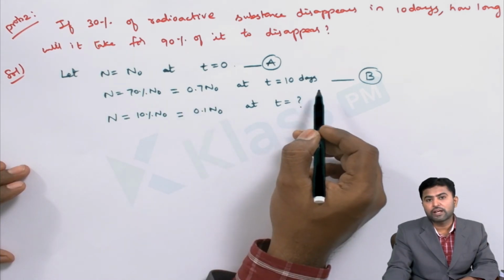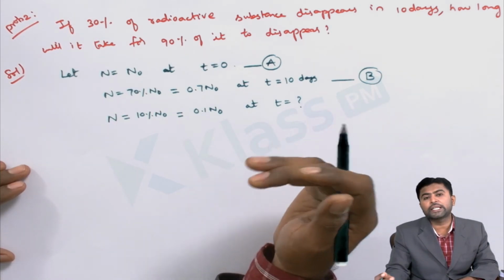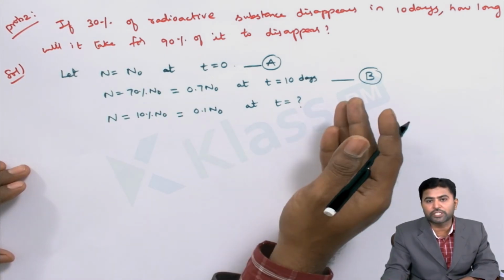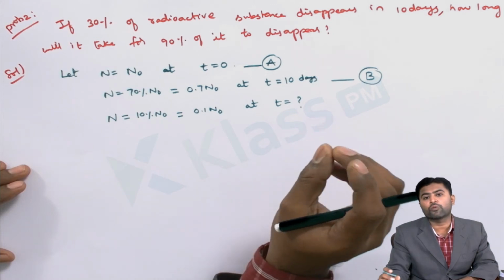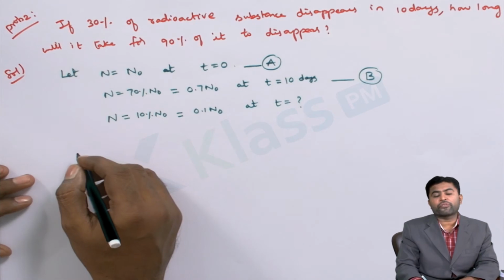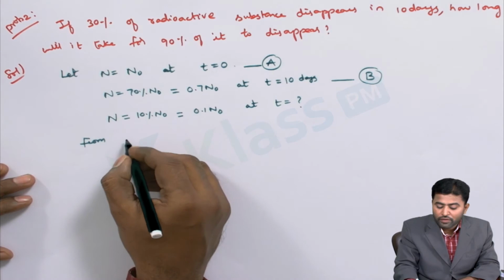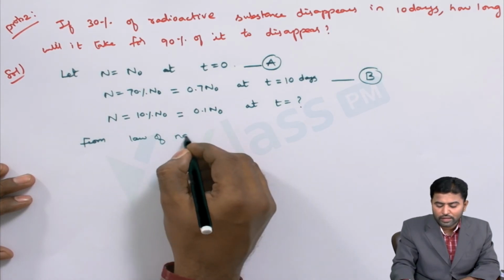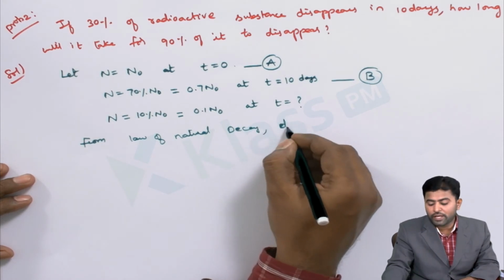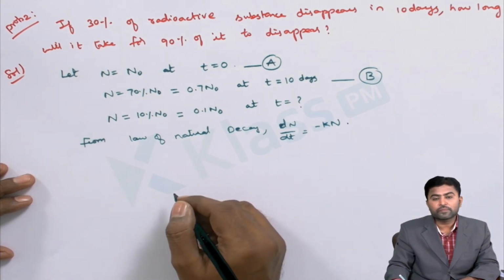Then the question asked is, in how many days will 90% of it disappear? It is similar to n is equal to 0.1 n naught, 10% of the original amount remaining, and we need that time. This is clearly a problem of decay, so we'll use the law of natural decay. From the law of natural decay, dN by dt is equal to minus k into n.